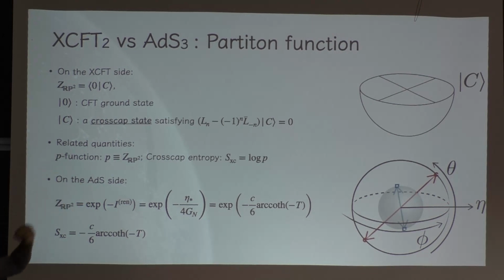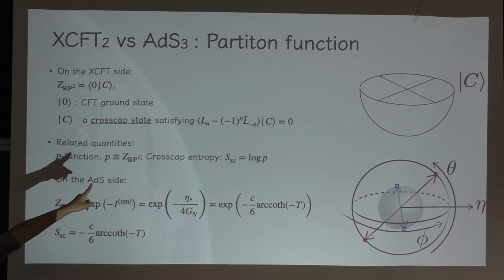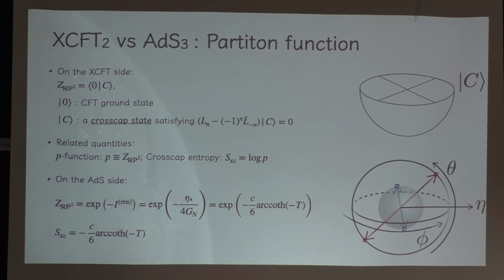The crosscap states satisfy several constraints in terms of the generators. There are some related quantities to the RP2 partition function. Sometimes we use a P function to call the RP2 partition function, and we call the logarithm of the P function the crosscap entropy.